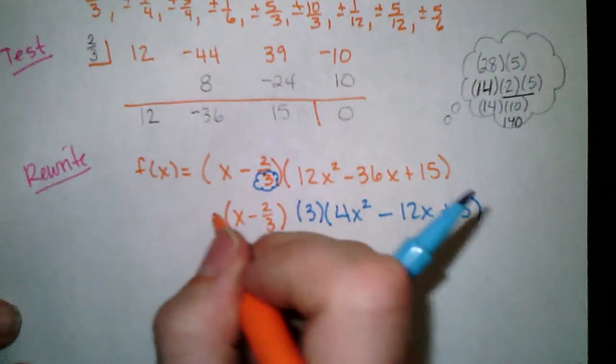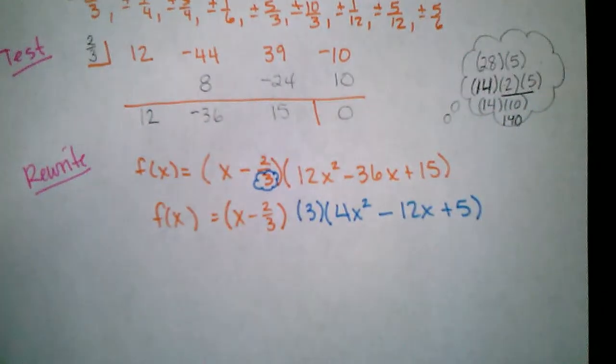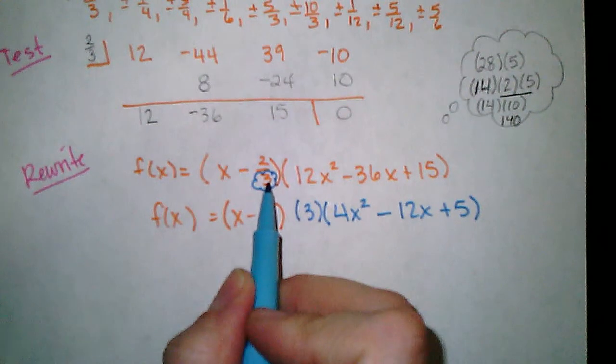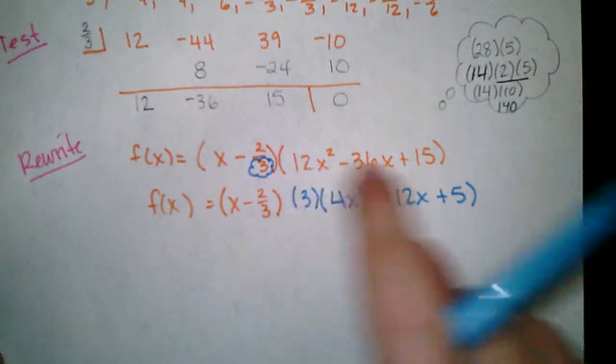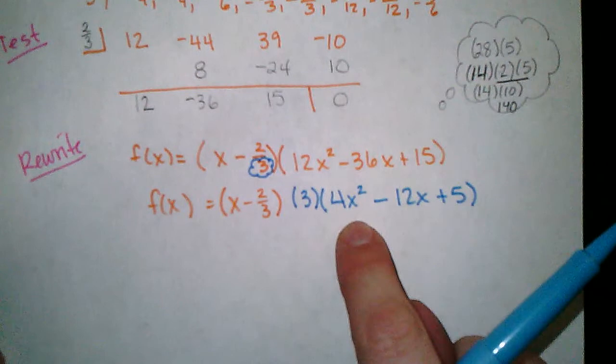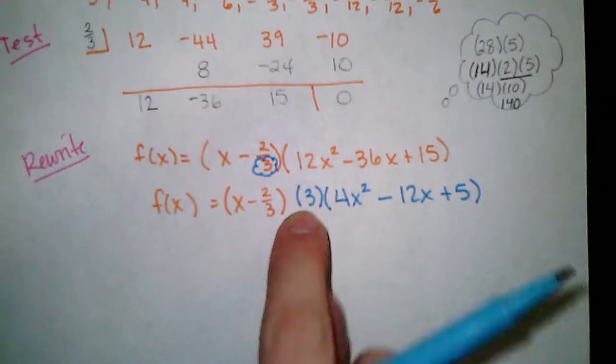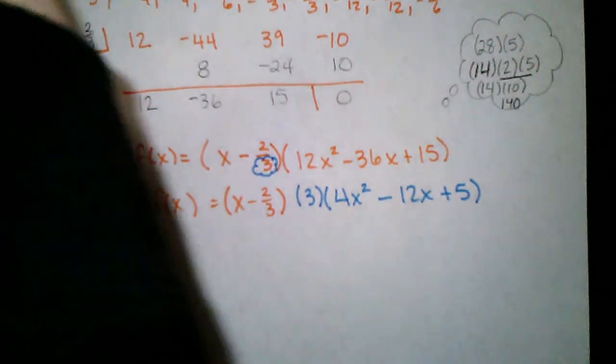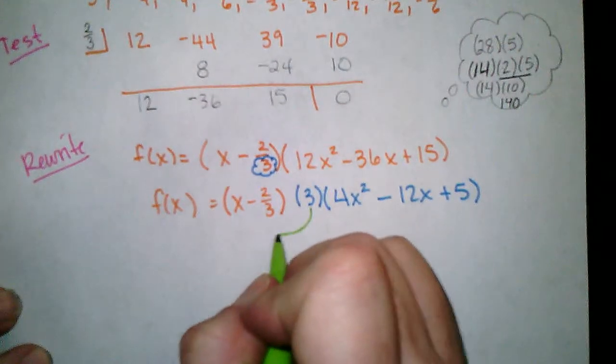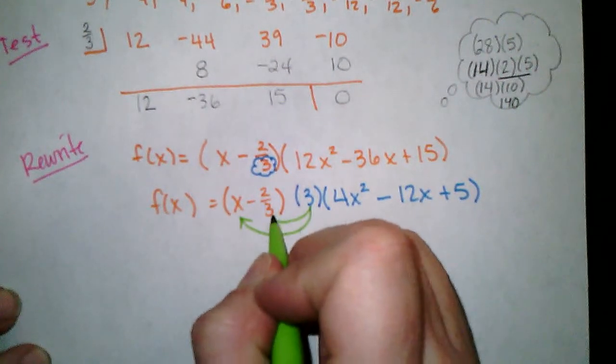The way that I knew what number to use was because of that denominator of 3. So I took 3 out of these numbers, and I'm going to put the 3 into the x minus 2/3.